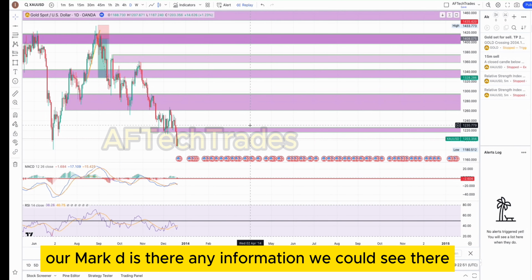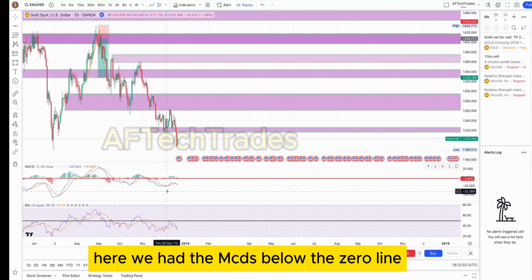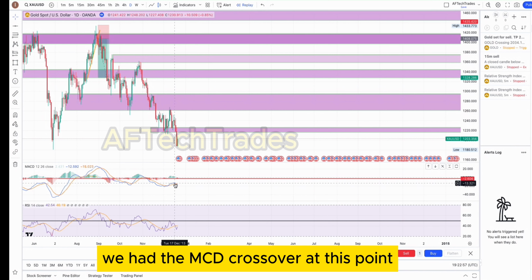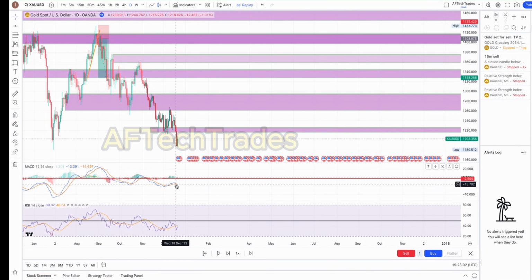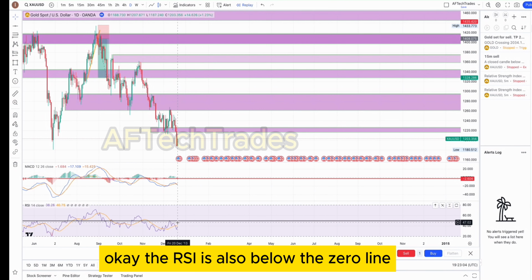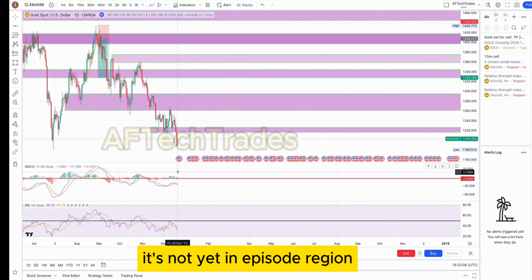Is there any information we could see there? Here the MACD is below the 0 line. We had a MACD crossover at this point. The RSI is also below the 0 line. It's not yet in the oversold region.